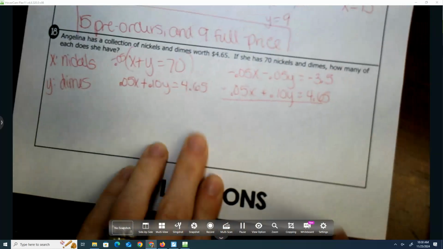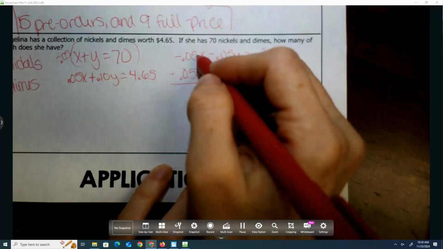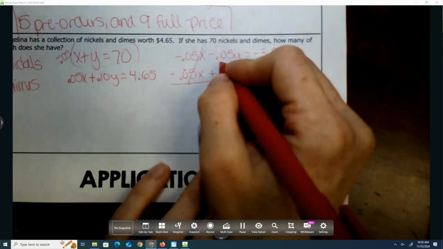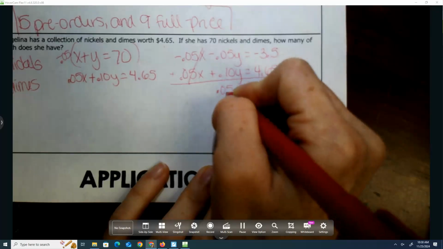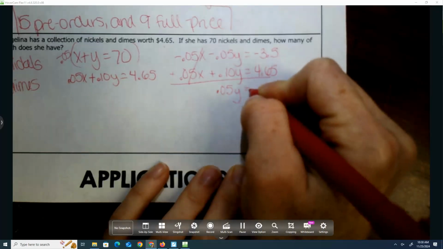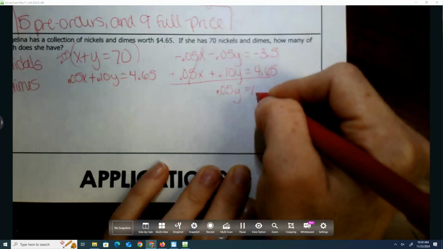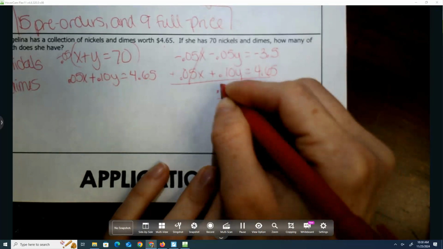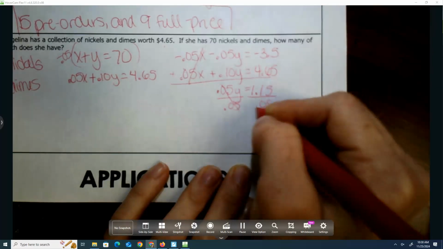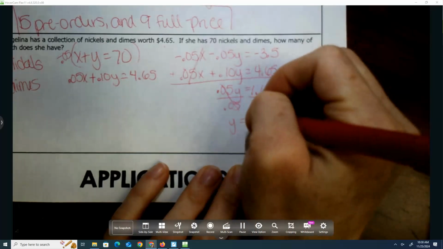So if we add these together, negative 0.05 and positive 0.05 cancel. Negative 0.05y plus 0.1y is 0.05y. 4.65 and negative 3.5 is 1.15. Divide by the 0.05. And we get 23.